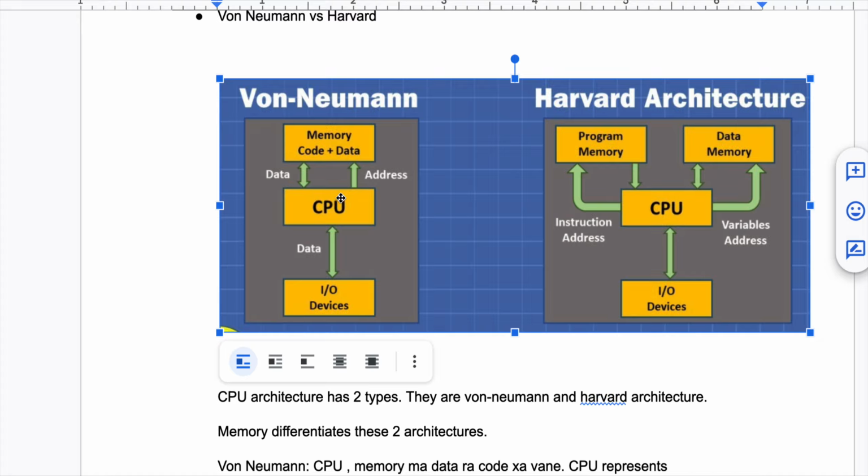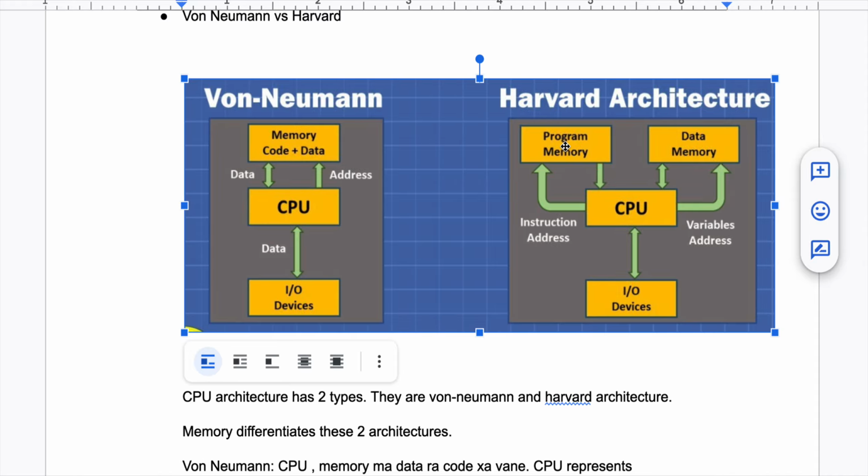For the Harvard architecture, we can see the address bus for data memory, and the program memory has different buses, separate for ease. For data memory, there is the bidirectional data bus, and you can see a unidirectional flow from the program memory to the CPU.